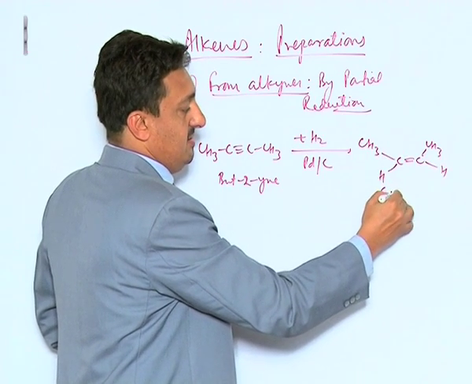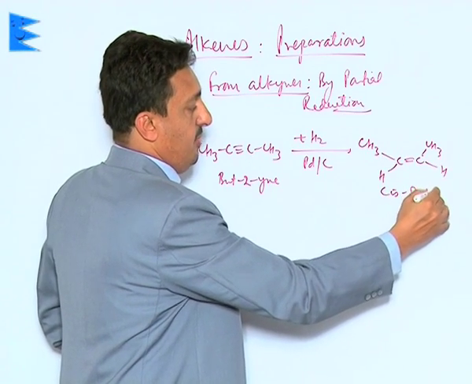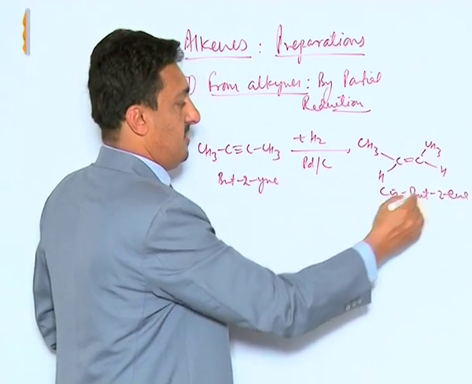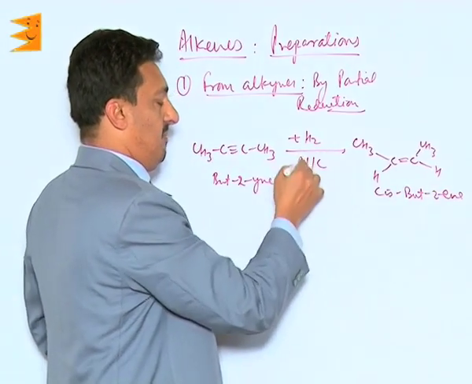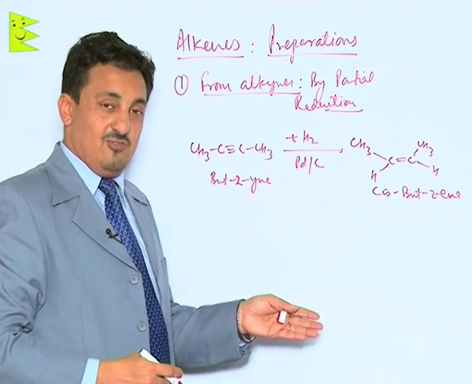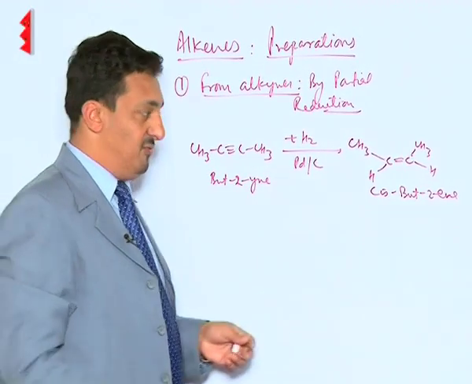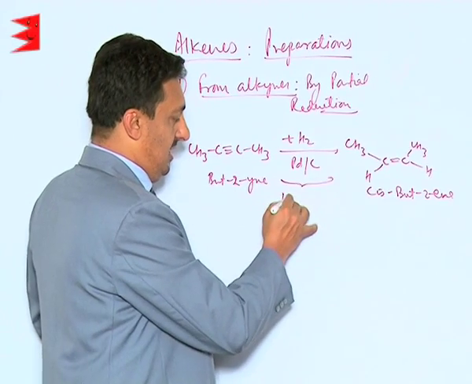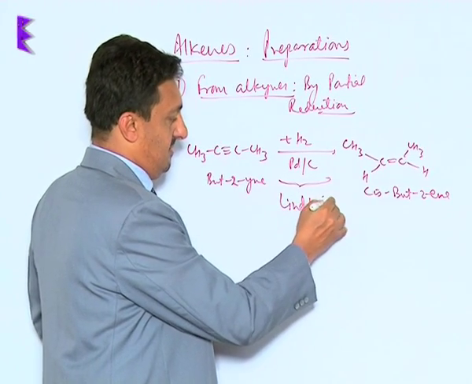So we get cis-but-2-ene. This palladized carbon, or palladium on carbon, which is deactivated by using sulfur, is called Lindlar's catalyst.